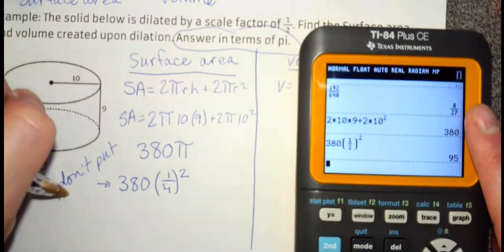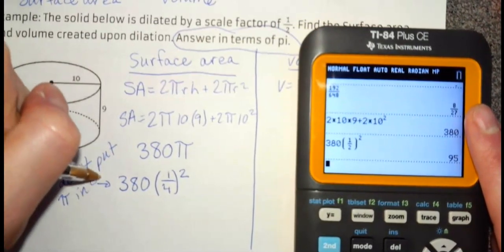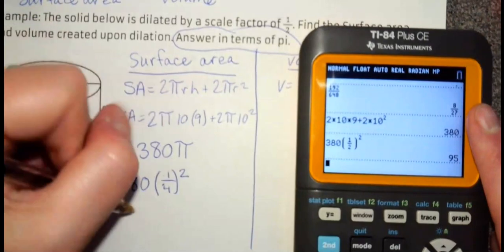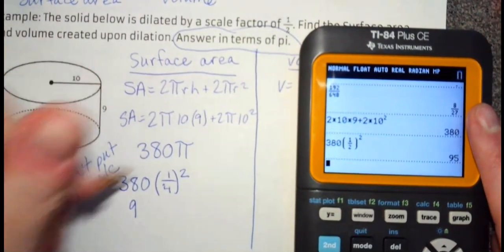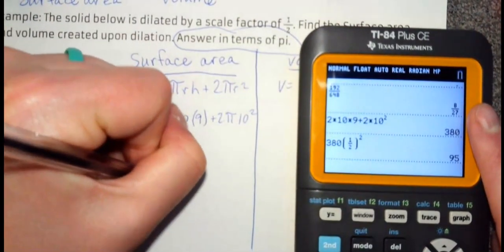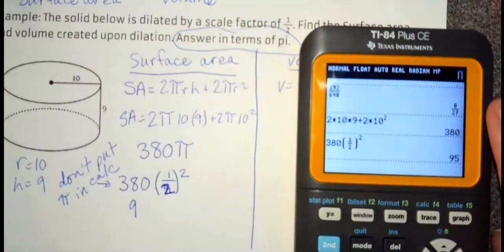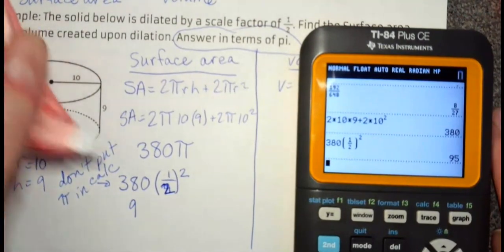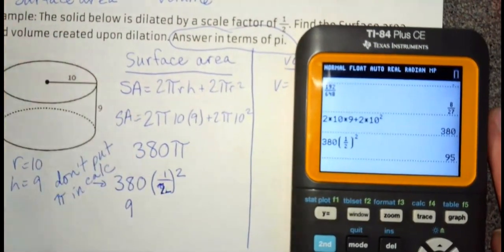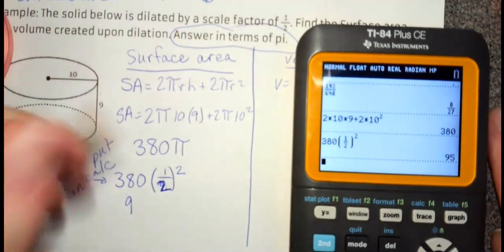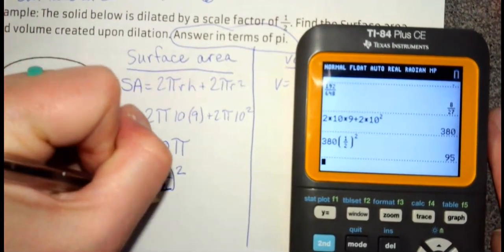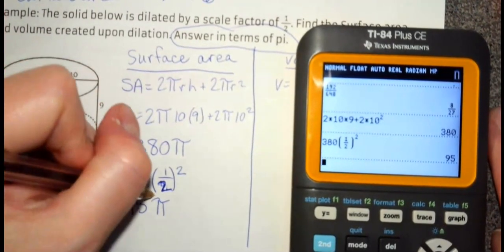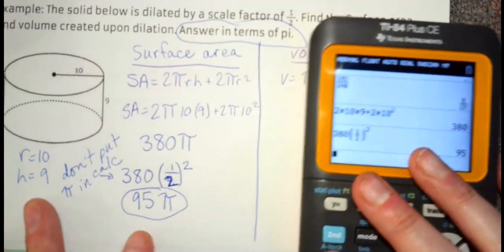Don't put pi in the calculator. Oh, it should be 1/2, yes. What you're doing is multiplying by 1/4, but 1/2 squared is 1/4. So I wrote the wrong thing, but thank you. Yeah, so this is 1/2. You just take the square factor and you scale it. So 95 pi would be your answer.